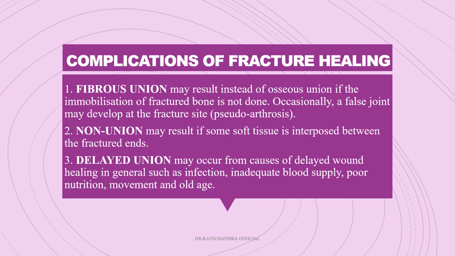Fibrous union may result instead of osseous union if the immobilization of the fractured bone is not done. Occasionally, a false joint may develop at the fracture site, which is called pseudoarthrosis. So, complications of fracture healing will be non-union or delayed union or malunion or fibrous union.